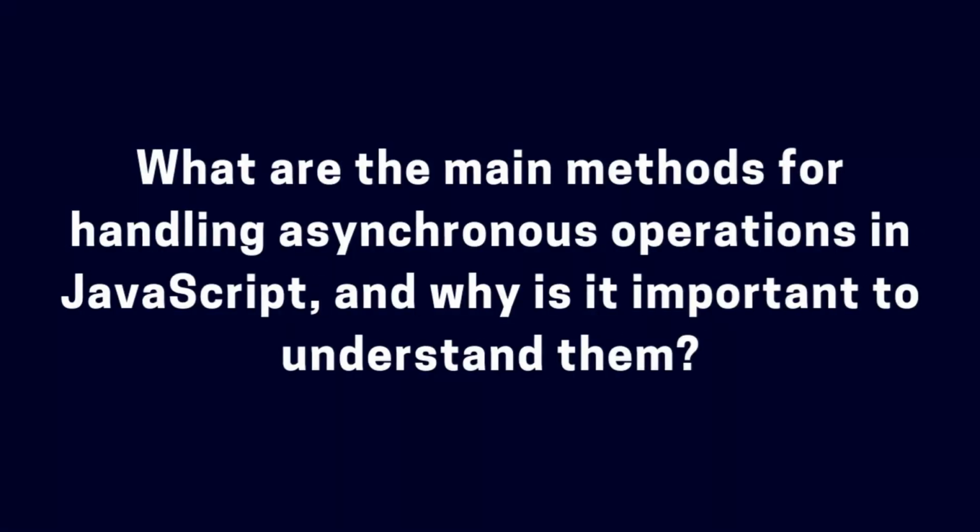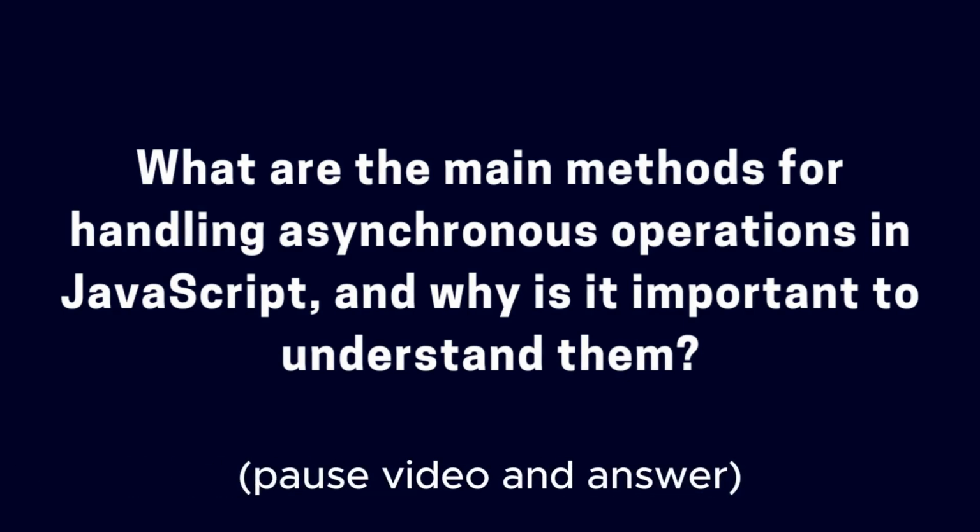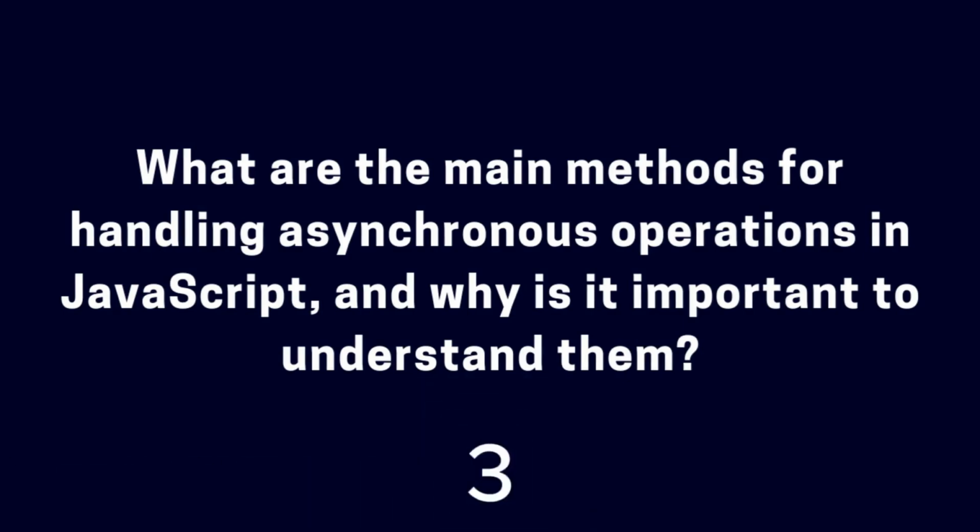What are the main methods for handling asynchronous operations in JavaScript, and why is it important to understand them? The main methods for handling asynchronous operations in JavaScript are callbacks, promises, and async await. Callbacks involve passing a function to be executed after an asynchronous operation completes.